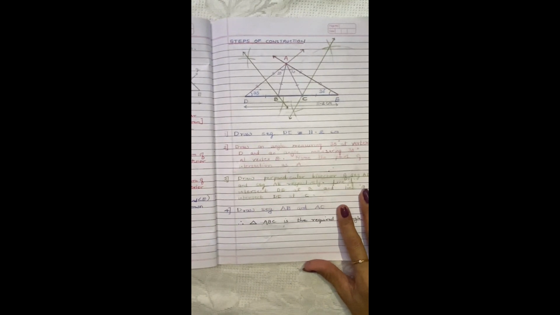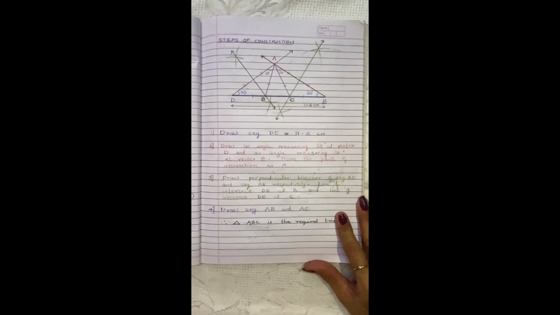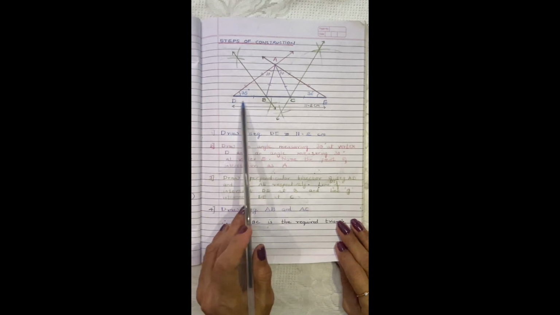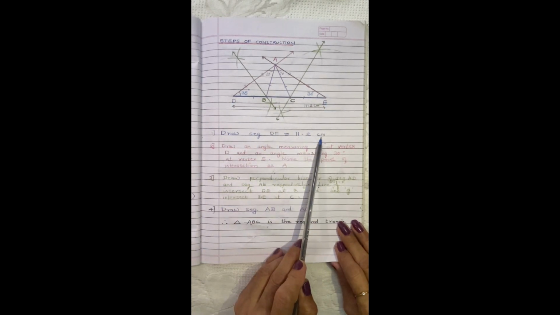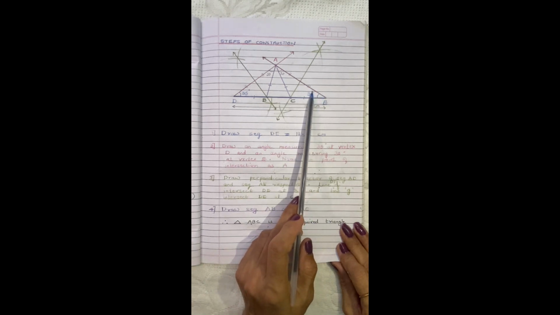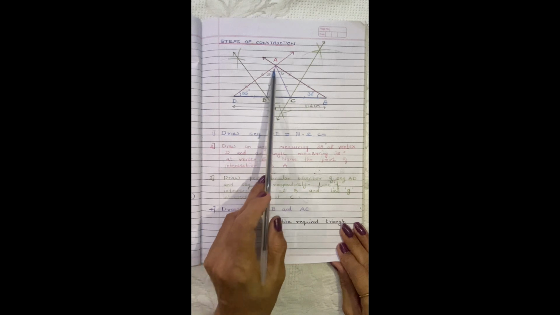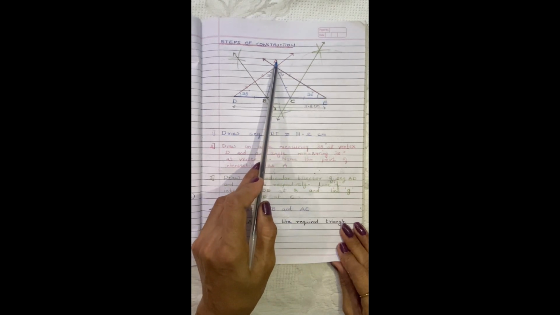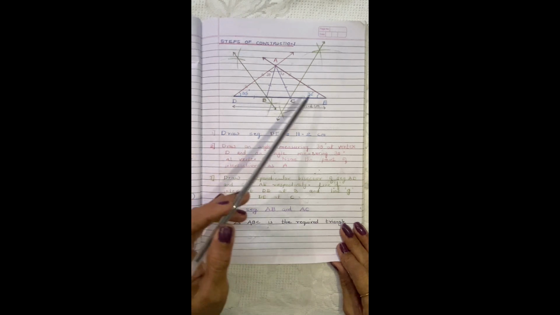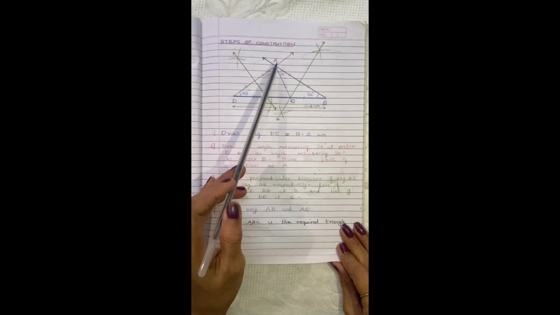Let's see the steps of construction. We have already done this in practice sets. So steps of construction: draw segment DE of 11.2 centimeter, then draw an angle measuring 35 degree at vertex D, and draw an angle of 30 degree at vertex E. Extend the rays, they will meet at a point, we will name it as A. And draw the perpendicular bisector of side AD meeting side DE at B, and draw the perpendicular bisector of side AE meeting at C on segment DE.